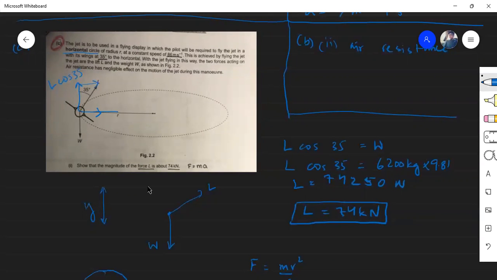So I will just say this is FC. Can you see any force or a component of a force which is acting towards the inner circle?